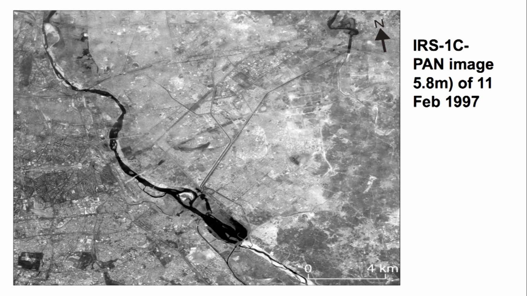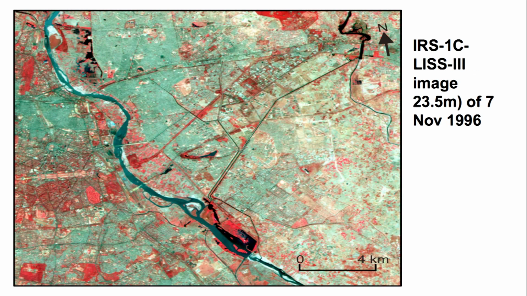This is the pan image having a resolution of 5.8 meter, and this is the corresponding LISS 3 image having 23.5 meter, but this is colored while this is black and white. It has higher resolution, while this has color but relatively low resolution.